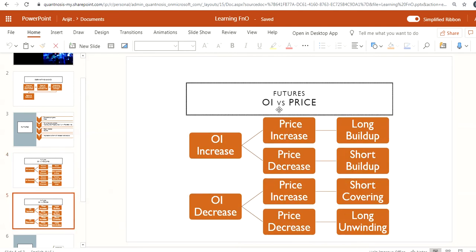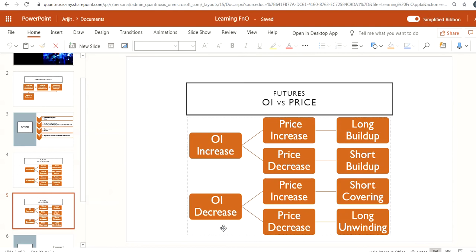Now we'll consider open interest and price. If there is an increase in open interest and price also increases, it is said that long build up is happening, that is, a build up of buy positions. If there is an increase in open interest and price decreases at the same time, then it is said that short build up is happening, which means sell positions are being taken in the futures contract.